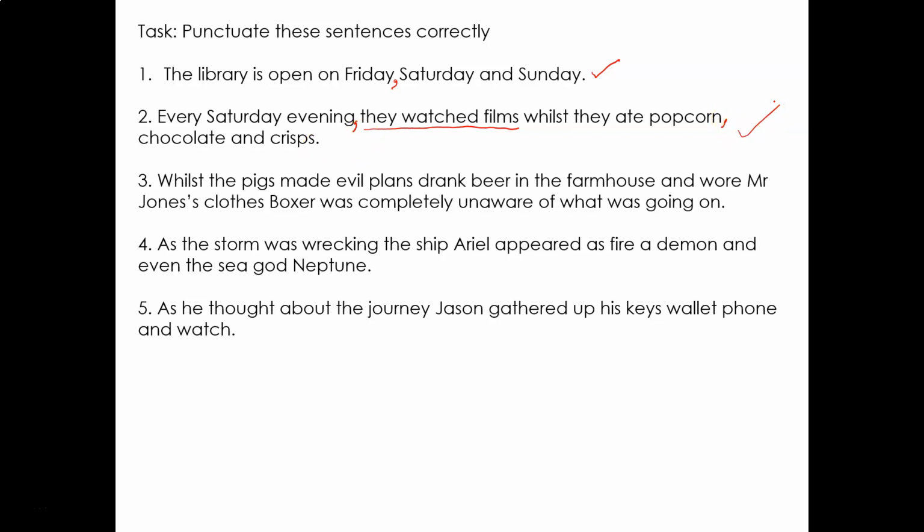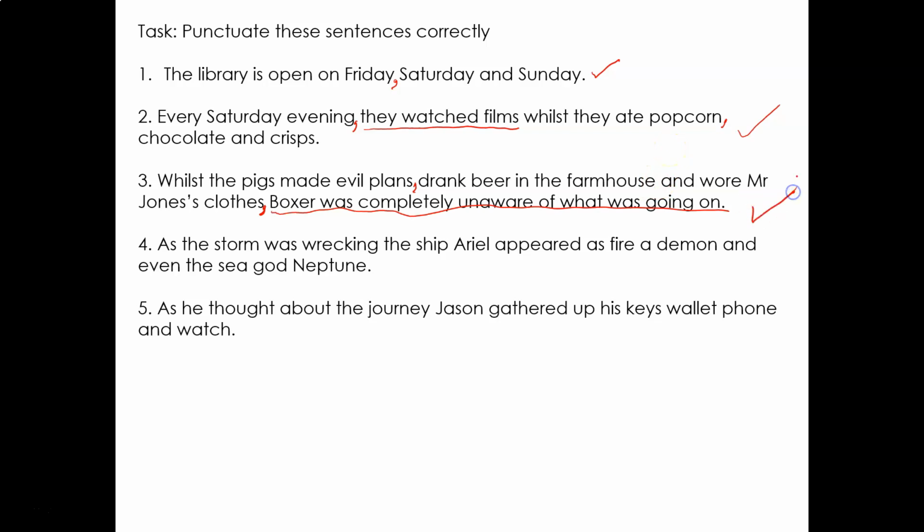Number 3. Whilst the pigs made evil plans, drank beer in the farmhouse and wore Mr. Jones's clothes, Boxer was completely unaware of what was going on. Here my subject is Boxer. Boxer was completely unaware of what was going on. That's my main clause, independent clause. So I need to put a comma after the subordinate clause, that's here. And I need to find the list. Whilst the pigs made evil plans, comma, drank beer in the farmhouse and wore Mr. Jones's clothes.